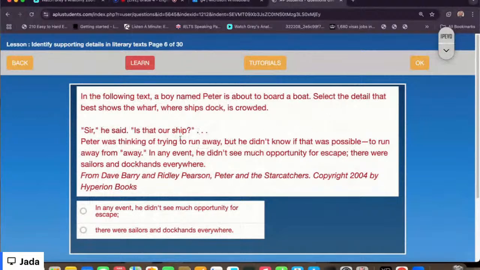So, select the detail that best shows that the wharf where the ship docks is crowded.